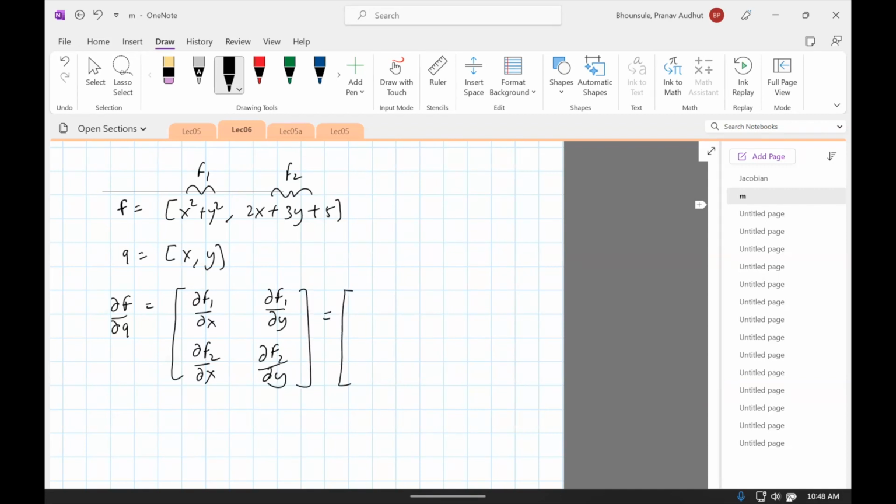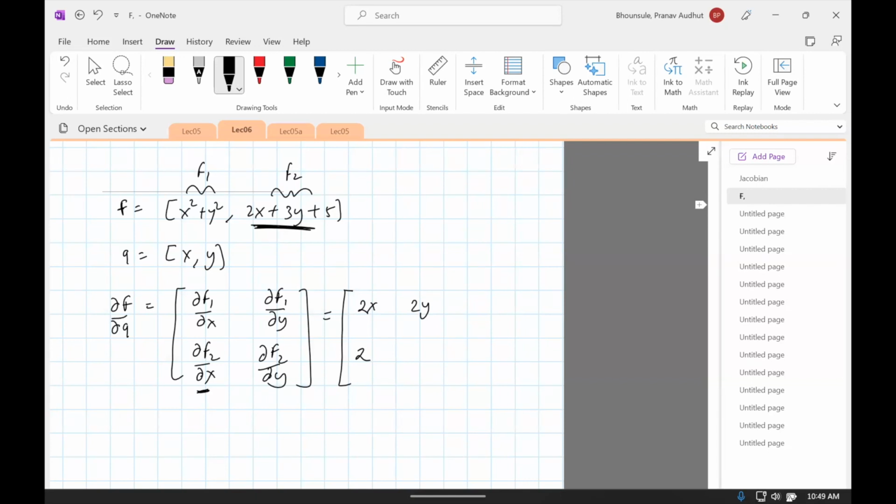So the derivative of f1 with respect to x is 2x. You treat y as a constant. df1 with respect to y is going to be 2y. Then differentiate f2 with respect to x, treating y as a constant. That will be 2.